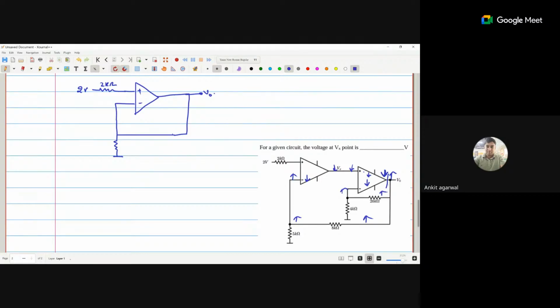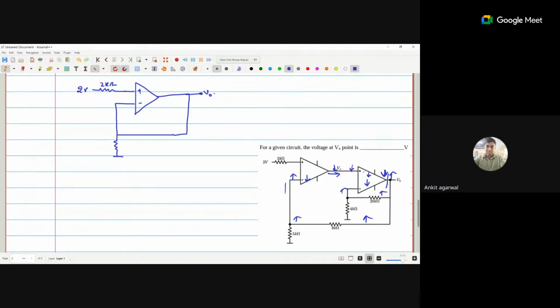Because no current will be flowing through the operational amplifier, current will go through the feedback circuit and will be obtained at V out. So that means the second amplifier doesn't create any effect on the output voltage.